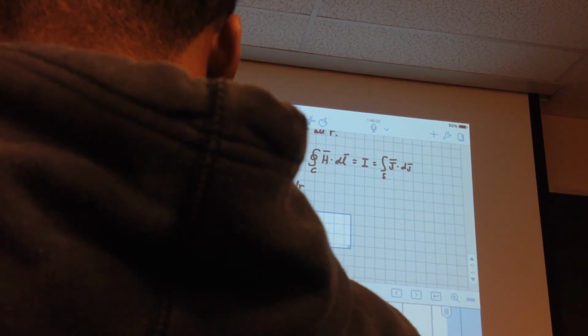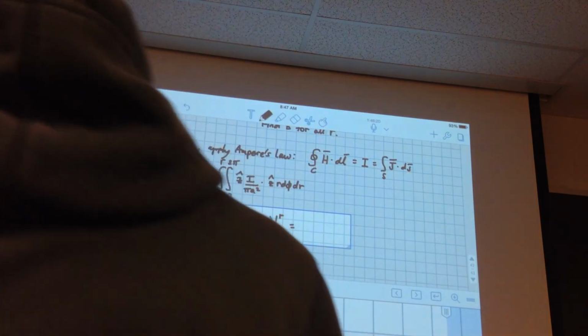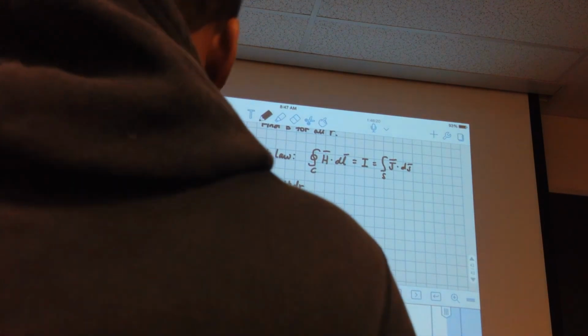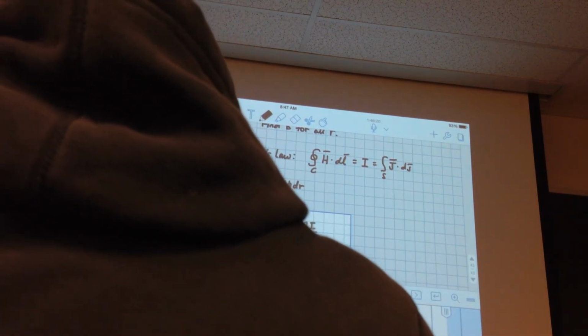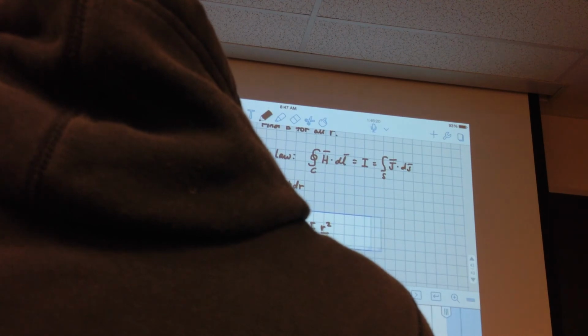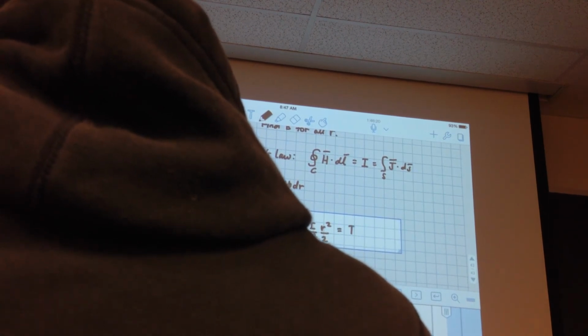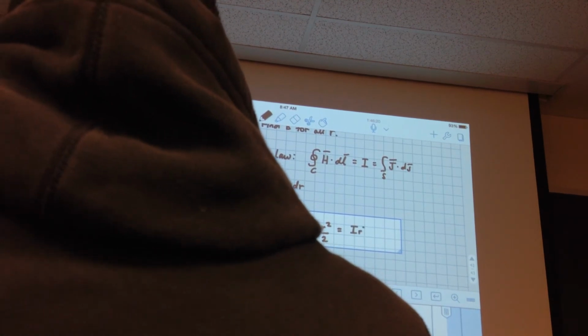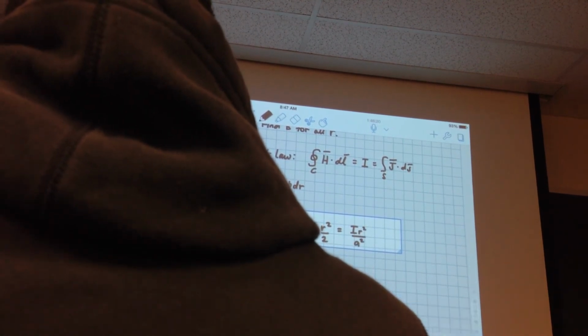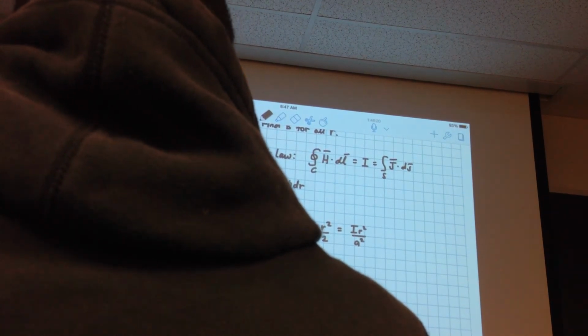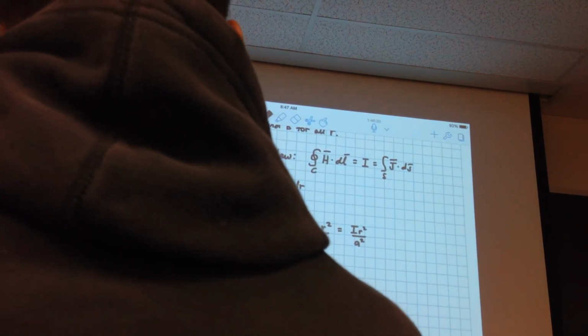So you get 2I over a squared times r squared over 2, and the 2's cancel, giving I r squared divided by a squared. I r squared divided by a squared is the current inside of your loop with the variable r.